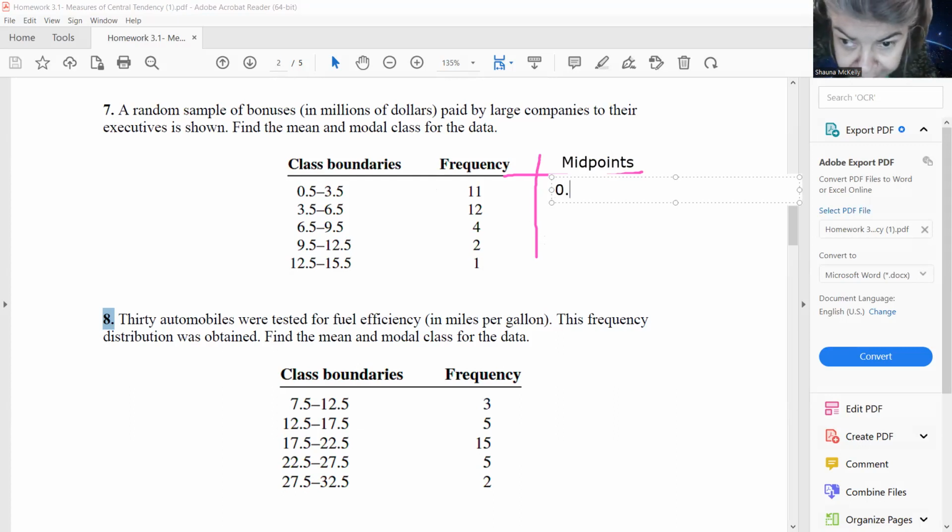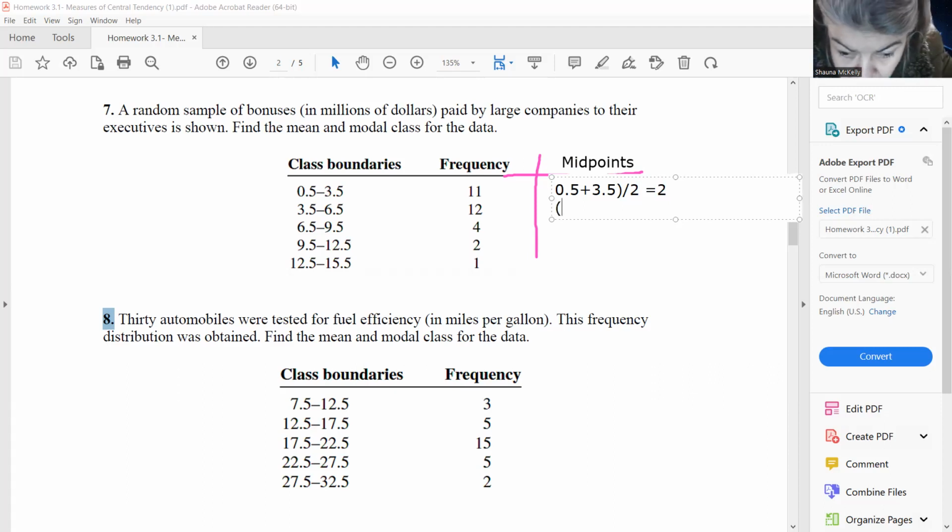So 0.5 plus 3.5 divided by 2. 3.5 plus a half, that's 4. 4 divided by 2 is 2, okay? Same thing here, keep going.